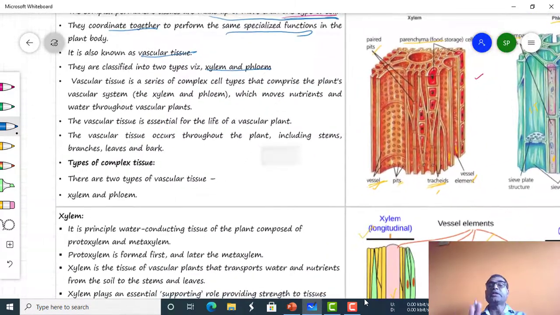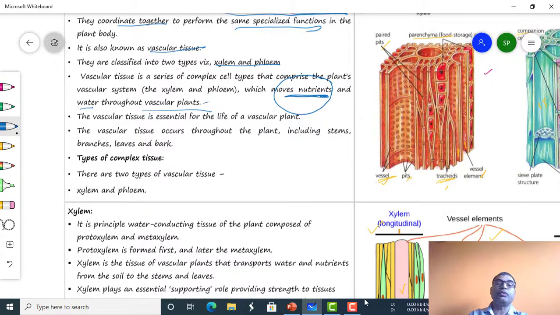Vascular tissue is a series of complex cell types that comprise the plant's vascular system, which moves nutrients and water through the vascular plant. Usually the nutrients are transported through the phloem, and water and minerals are transported by means of the xylem.